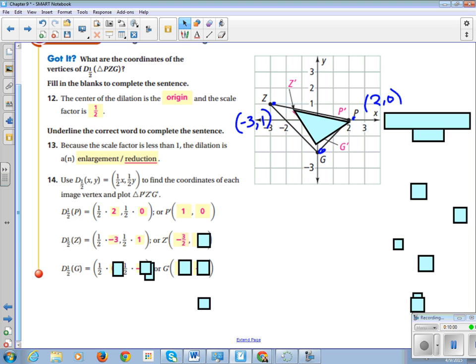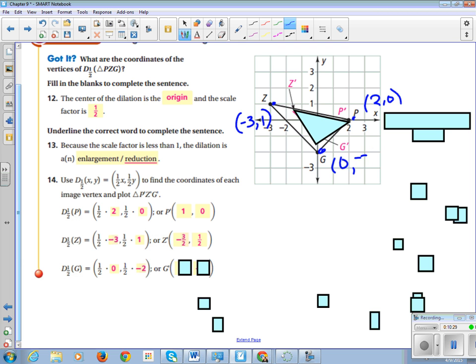And half of 1 is 1/2. And then G is at 0, -3, or sorry, it's actually -2.